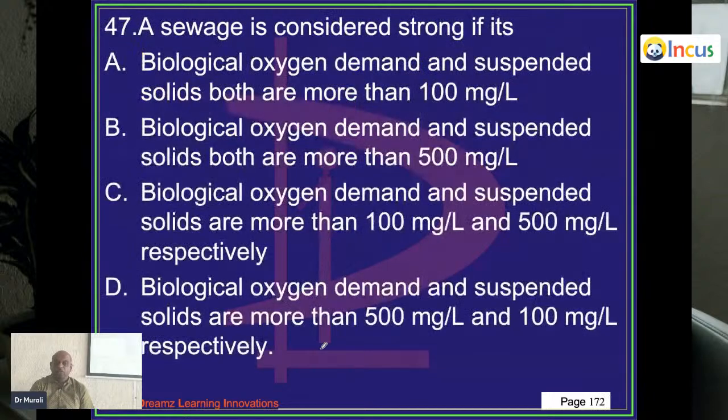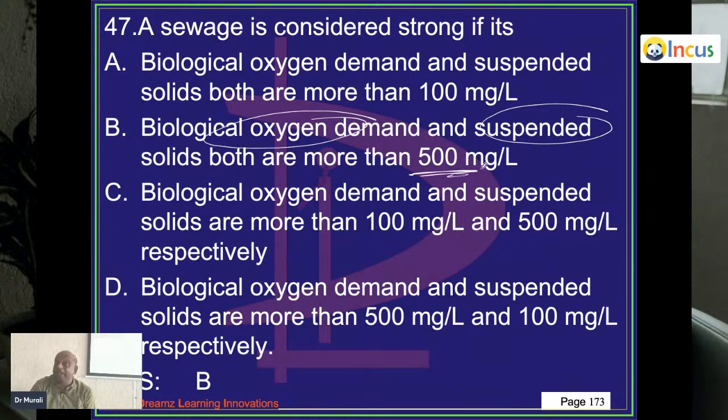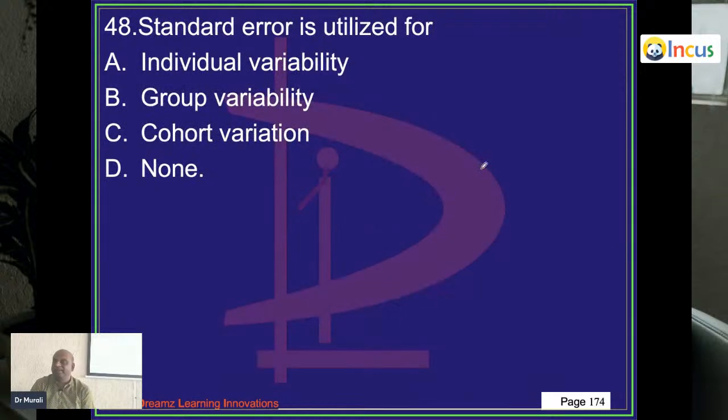Right? Now, sewage is considered to be severe, moderate, simple, etc. What is the basis? It is the suspended solids. Biological oxygen demand more than 500 is that nasty value you need to remember for tomorrow's exam.